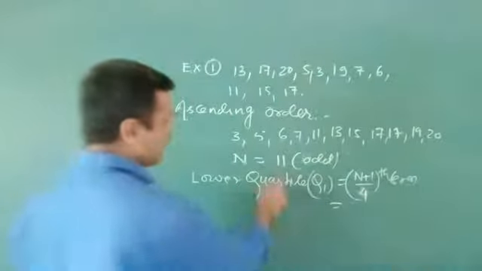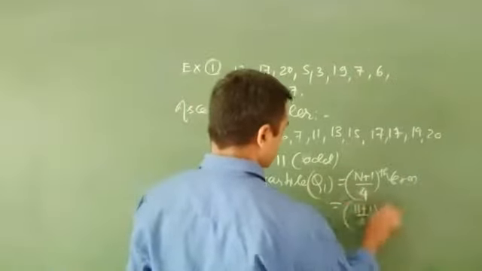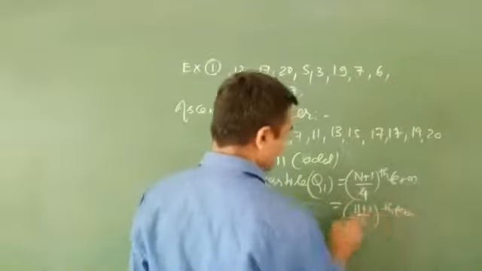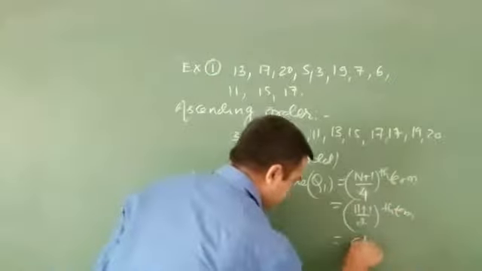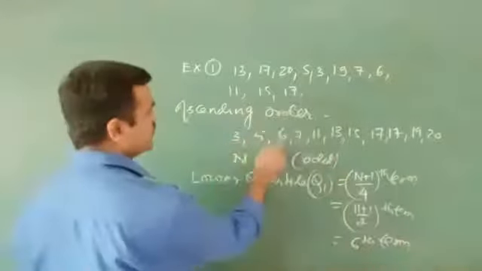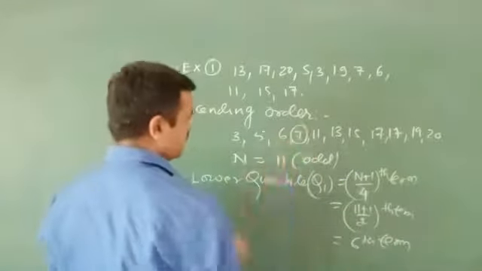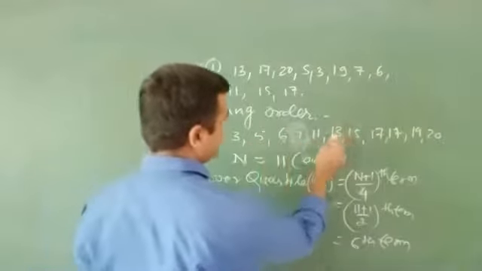So n is 11, 11 plus 1 divided by 4 at term. Sixth term. Count here 6 term. 1, 2, 3, 4, 5, 6.